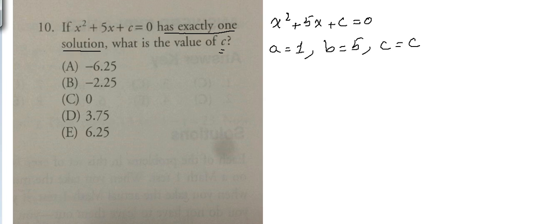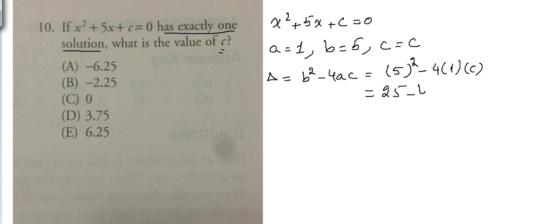Since we have exactly one solution, first let's find delta. Delta is equal to what? It's b squared minus 4ac. b is given as 5 squared minus 4 times a, which is 1, times c. My answer is 25 minus 4c. Now, since we have exactly one solution, meaning one root, that happens only when delta is 0.